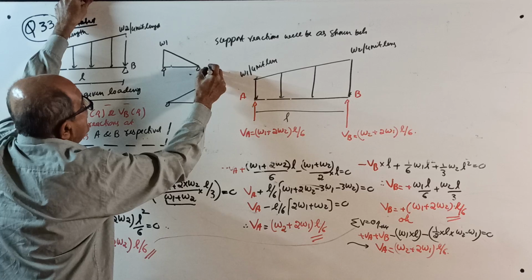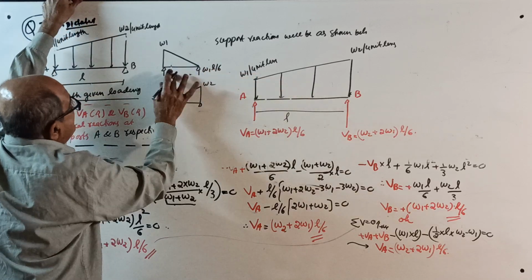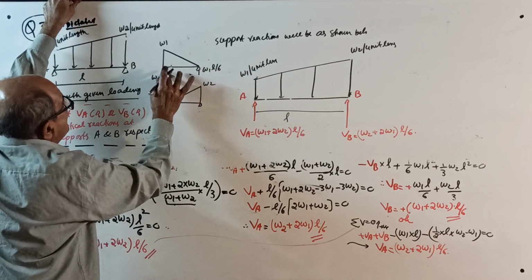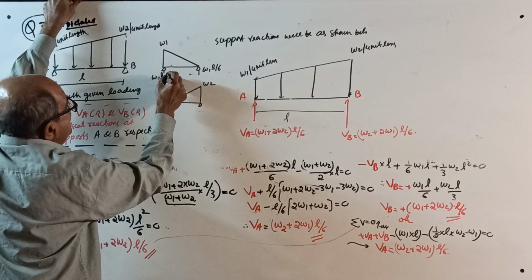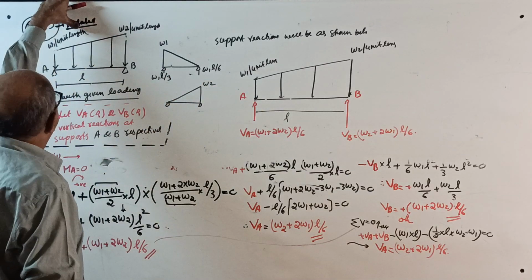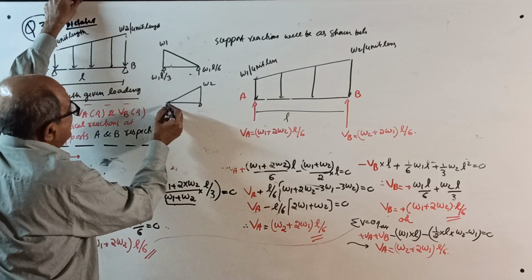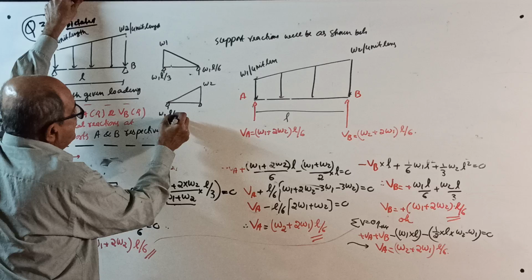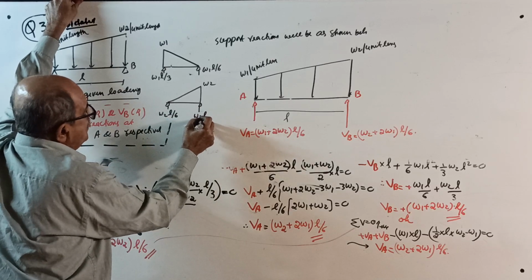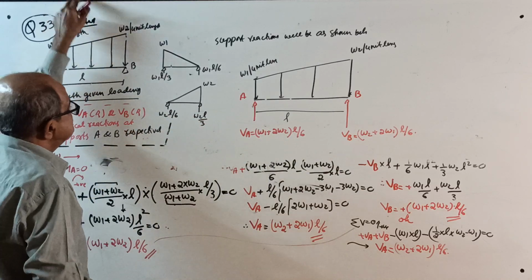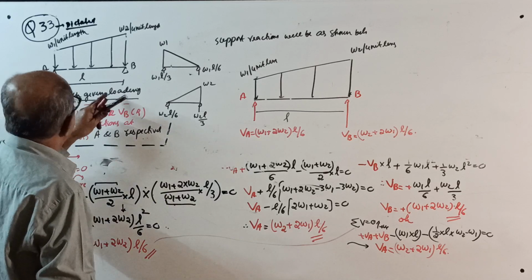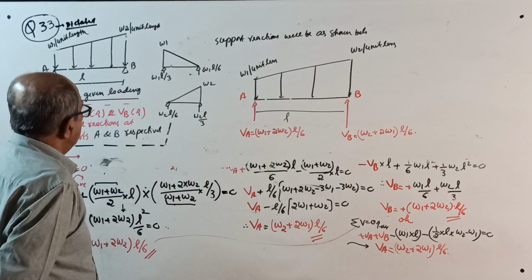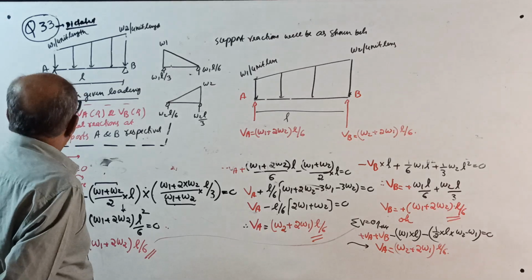So this is W1L by 6 and this is W1L by 3. For the other, where it is 0 it is W2L by 6, and this is W2L by 3. See, W1L by 3 and this is W2L by 6. It's interchanged.